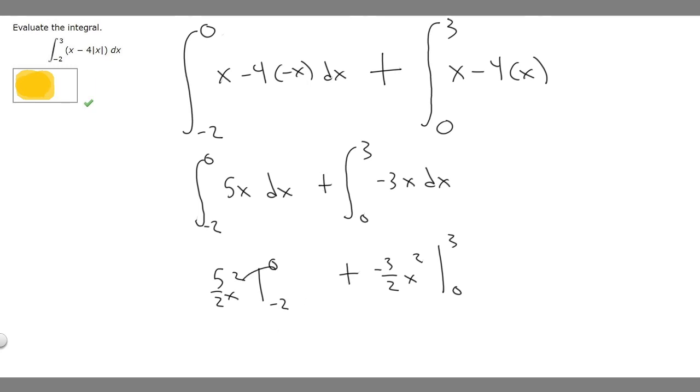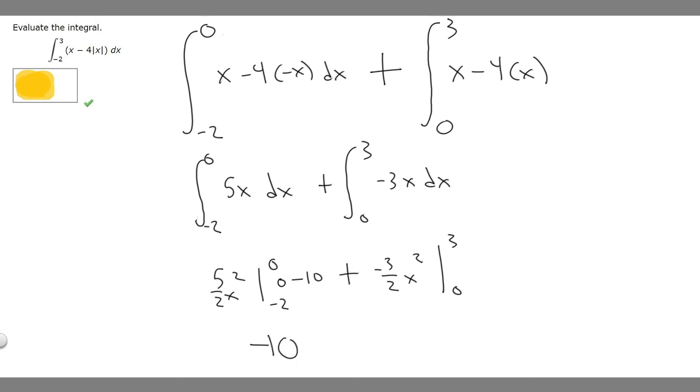If we plug in 0 into the first one, 0 squared is 0, times 5 over 2 is just 0. So we have 0 minus, and then we're plugging in minus 2. Minus 2 squared is 4. 4 times 5 over 2 is 20 over 2, which simplifies to 10. So we have 0 minus 10, which just becomes minus 10.